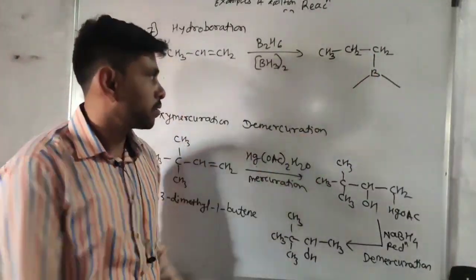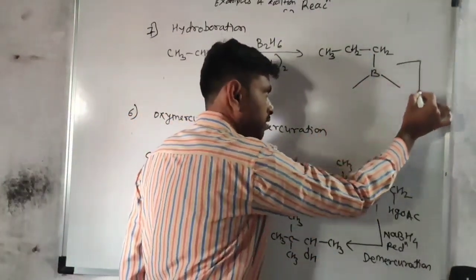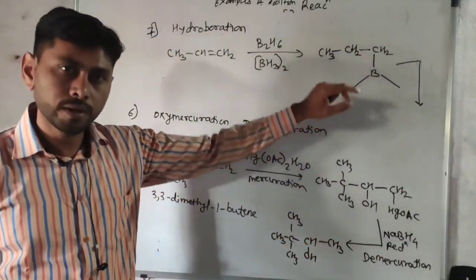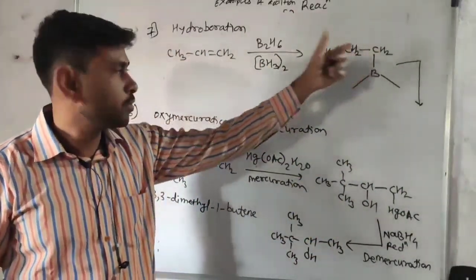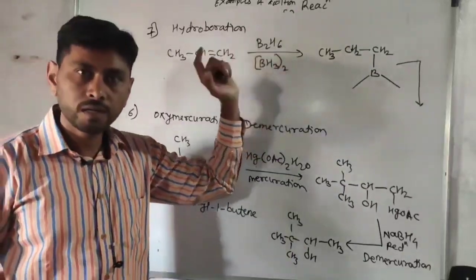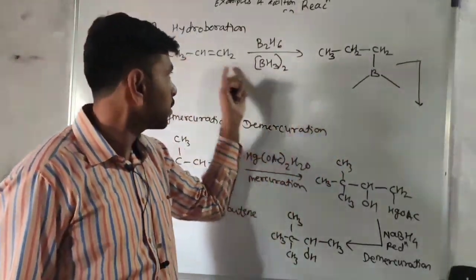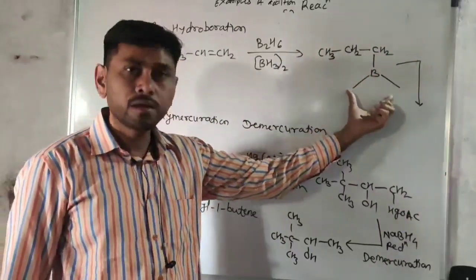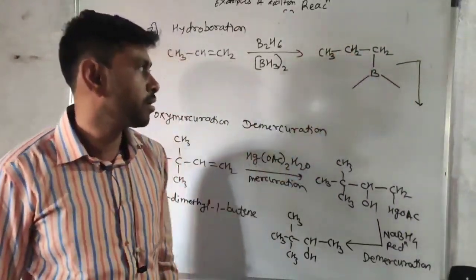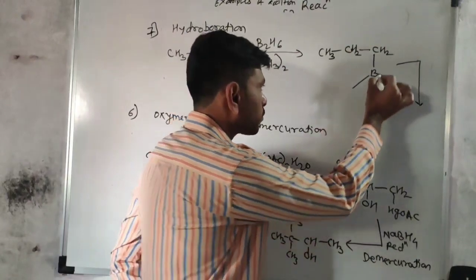In the mechanism we'll know how it happens, why 3 groups are needed: because it contains 3 hydrogens, it reduces 3 groups simultaneously. So hydrogen gets added to 3 groups, so 3 unsaturated systems or 3 alkene molecules are required here.